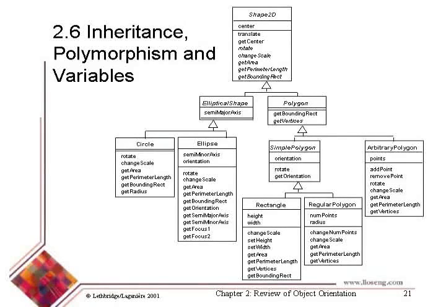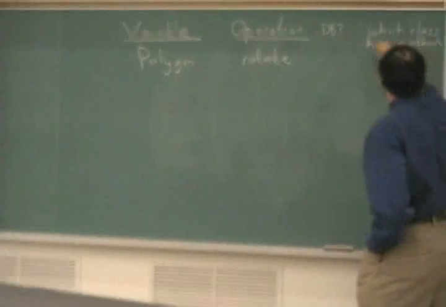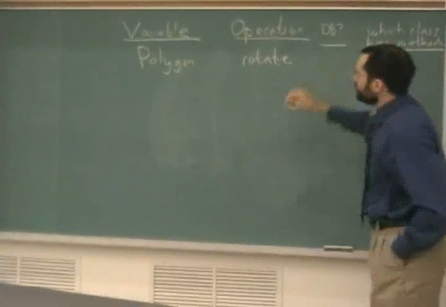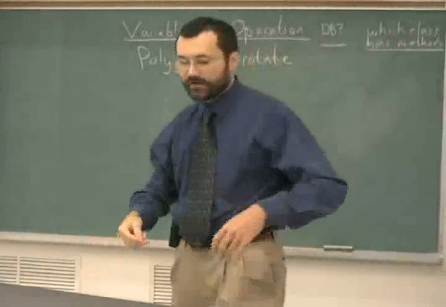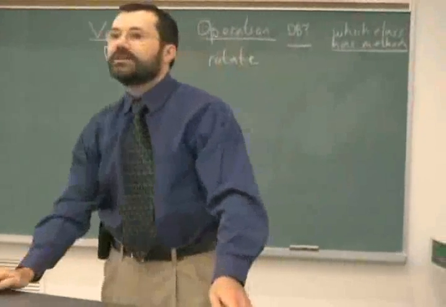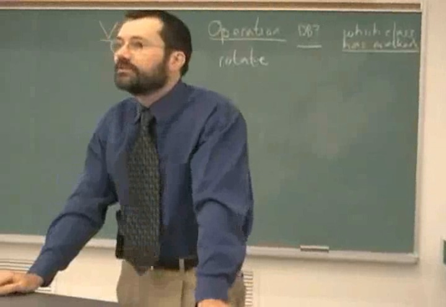Okay? First question: is dynamic binding going to be invoked? And second question: which method? Which class has the method? So if I have a variable polygon and I invoke rotate, somebody tell me the answer to these two questions.